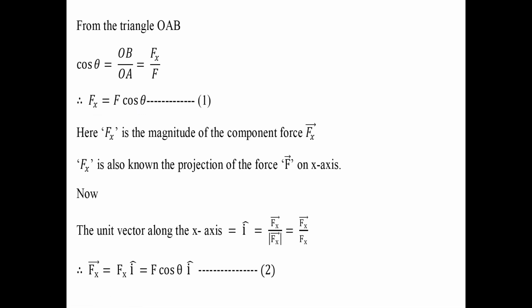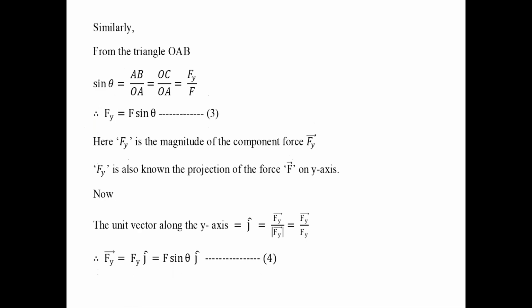Similarly, on the y-axis, the projection of force F bar on the y-axis is Fy. We know that from equation 3, Fy is the projection of force F bar on the y-axis. Fy is also called the magnitude of force Fy bar. That Fy again has two definitions. Fy is the projection of force F bar on the y-axis.